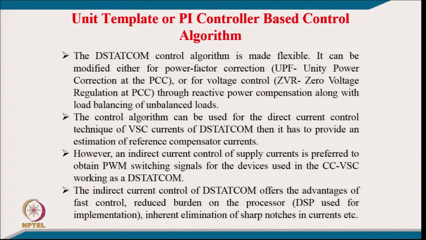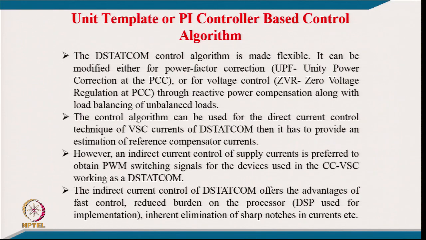The indirect current control algorithm is preferred because the supply current on which you put control is a very slowly varying current compared to the compensator current. The compensator current sometimes requires very sharp changes. If the load current has sharp changes, then you require very sharp changes in the compensator current, and sometimes that is difficult. So, we typically control the supply current.